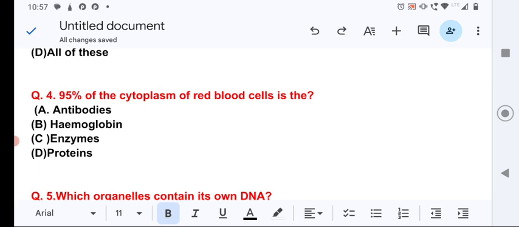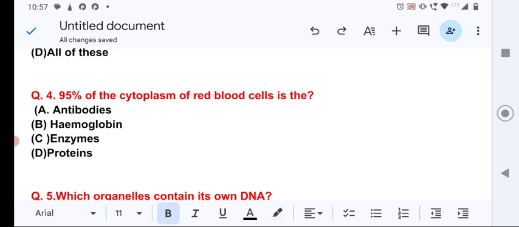Hemoglobin is made up of heme, that is iron, and globin, which means protein. The blood contains iron inside the hemoglobin.